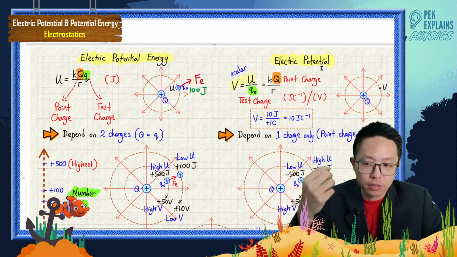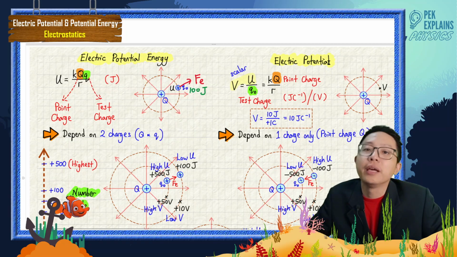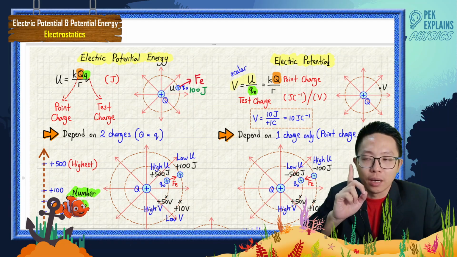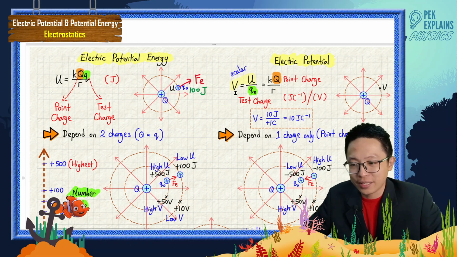Now, how about electric potential? Electric potential is also potential energy, but only for one positive 1 coulomb of charge. So that's why electric potential is electric potential energy per unit test charge. If we divide the formula kQq over r by the test charge, the test charge is gone.